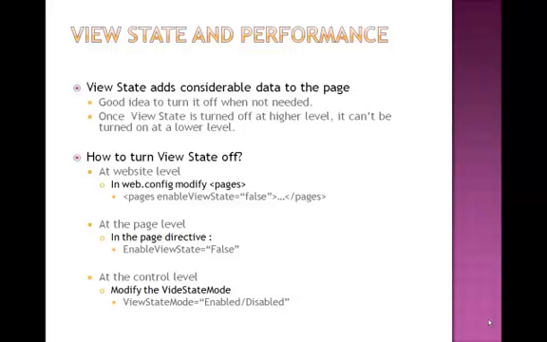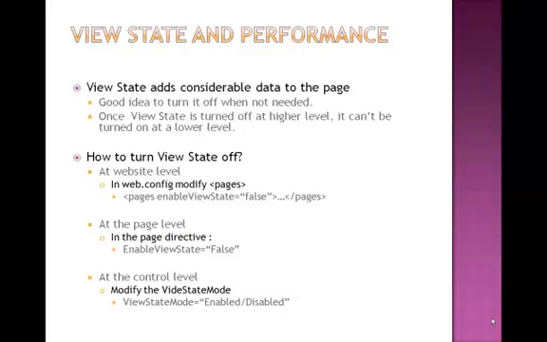This way we can turn it off for some controls while leaving the others on if we need them. However, once you turn off the view state at a higher level, such as the page level or the web.config level for the entire site, you can't turn it on again at a lower level. So that's a limitation of turning off the view state at a higher level.